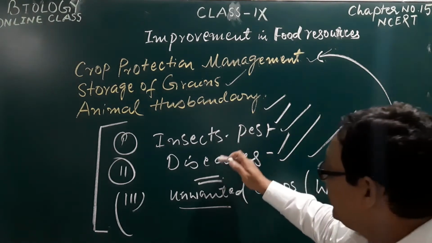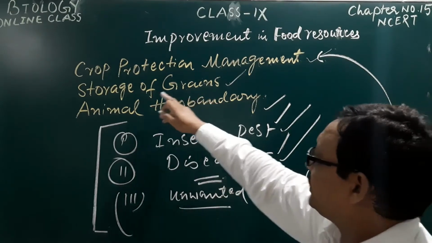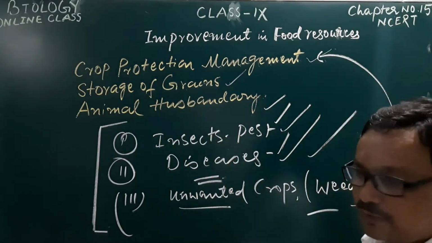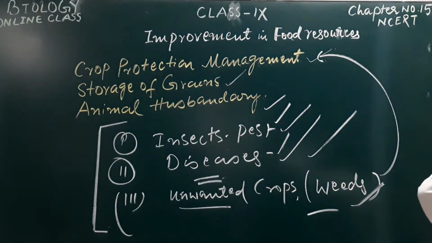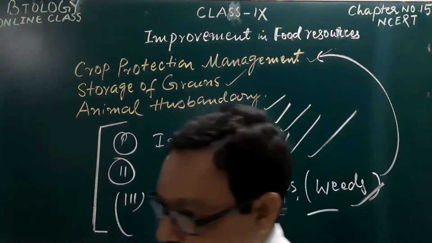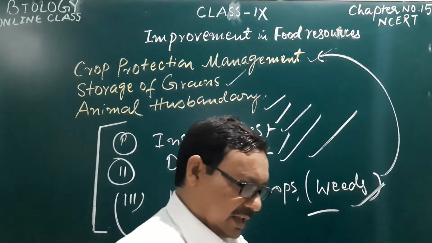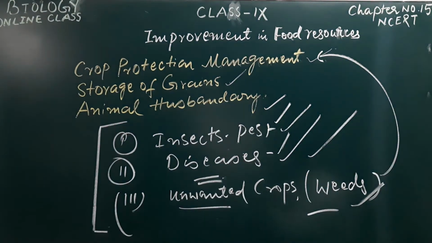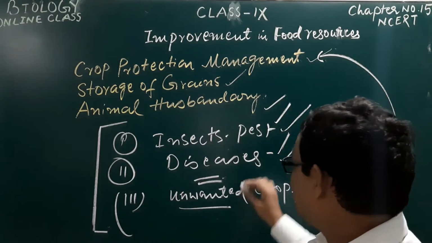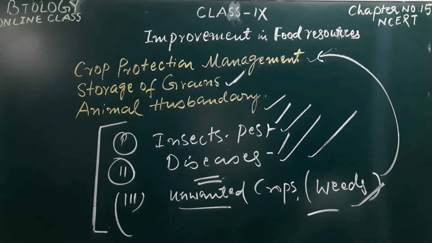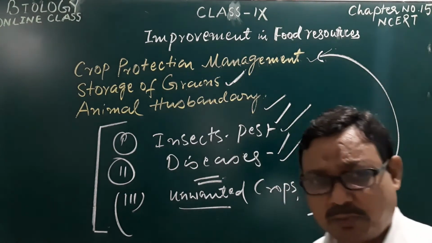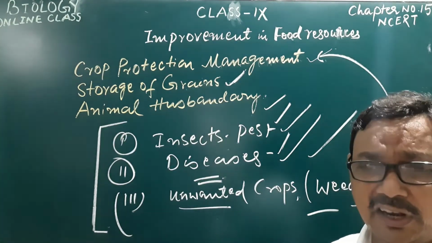One by one we will study all these things. And the second important thing is storage of grains. That means after harvesting, when the grains will be stored for the market, for marketing, for other purposes, for stock, for buffer stock, how will they be protected in the store houses, in the warehouses, or in the storage places where they put the grains after harvesting?